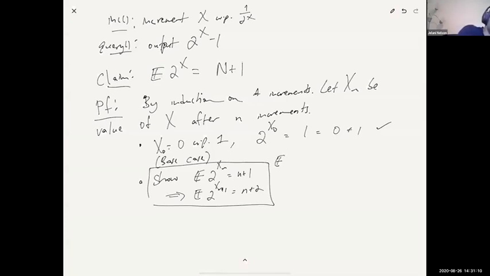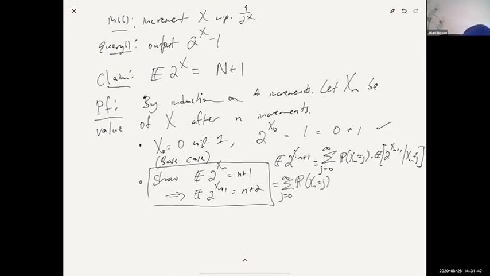The expectation of 2 to the xn plus 1 is equal to the sum over all j from 0 to infinity of the probability that xn is equal to j, times the expectation of 2 to the xn plus 1, given that xn is equal to j. Okay. And what is this? This is equal to, again, the sum j goes from 0 to infinity of the probability that xn is equal to j. What is this conditional expectation?